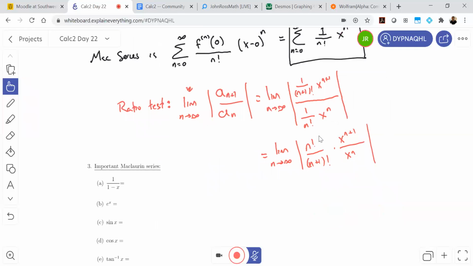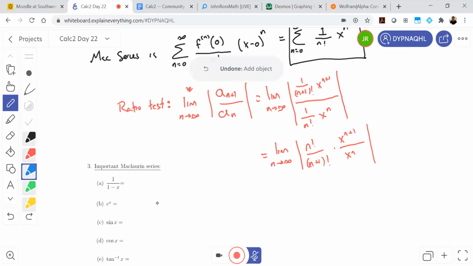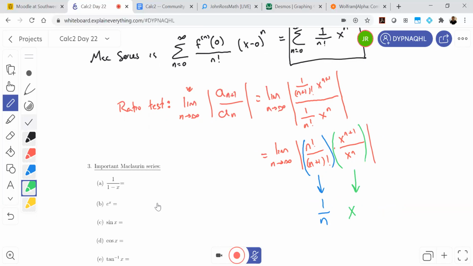And each of those additionally simplify down. The n factorial divided by the n plus 1 factorial just becomes a 1 over n when all the dust settles. And the x to the n plus 1 over x to the n just becomes a single copy of x when the dust settles.